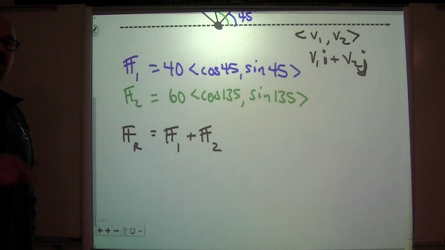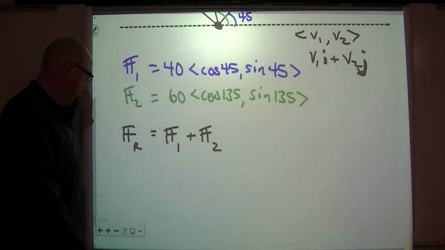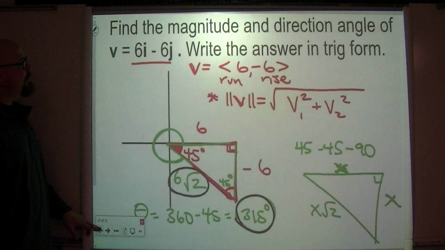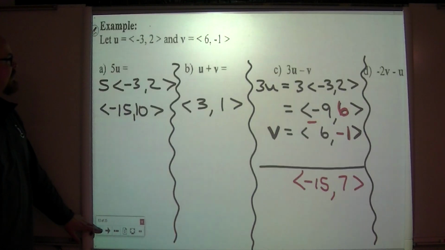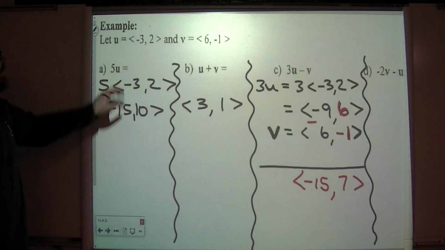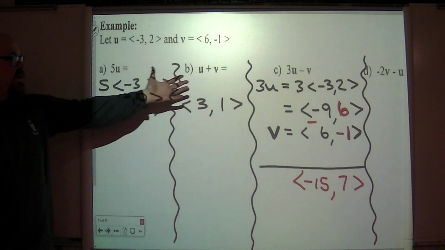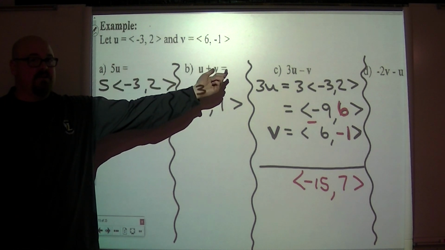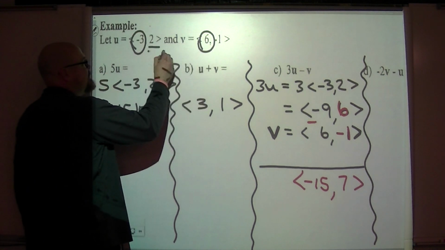When we were learning about vector operations before, we said it's really quite simple. When you want to add two vectors, you simply add their two components.